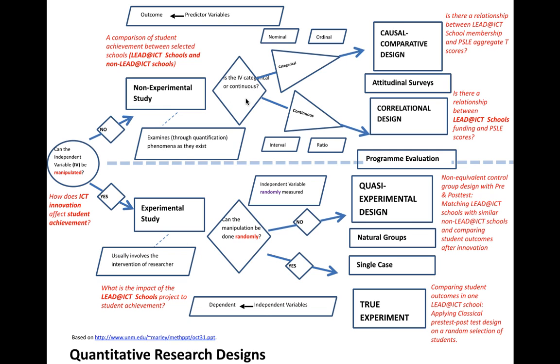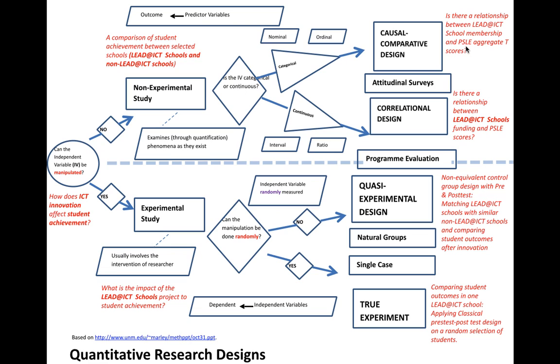If the independent variable is categorical, which means it could be nominal or ordinal, then you do a causal comparative design. So what you do is ask, is there a relationship between lead ICT school membership? Lead ICT school membership is a nominal variable. Is school A a lead ICT school? Yes or no? Yes. Is school B a lead ICT school? No. So this is a nominal variable, right? And then you compare it with the PSLE aggregate T-score.